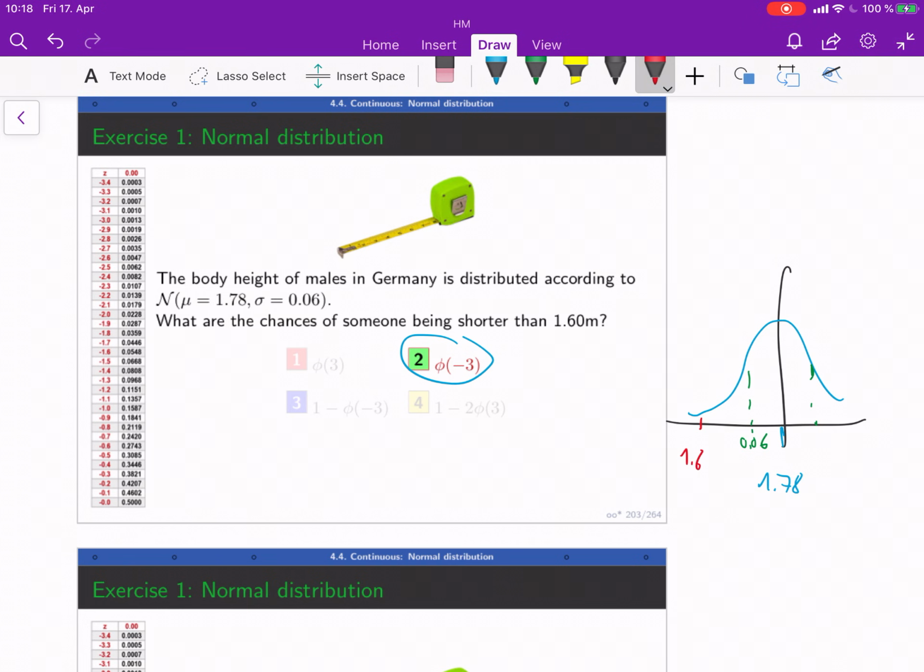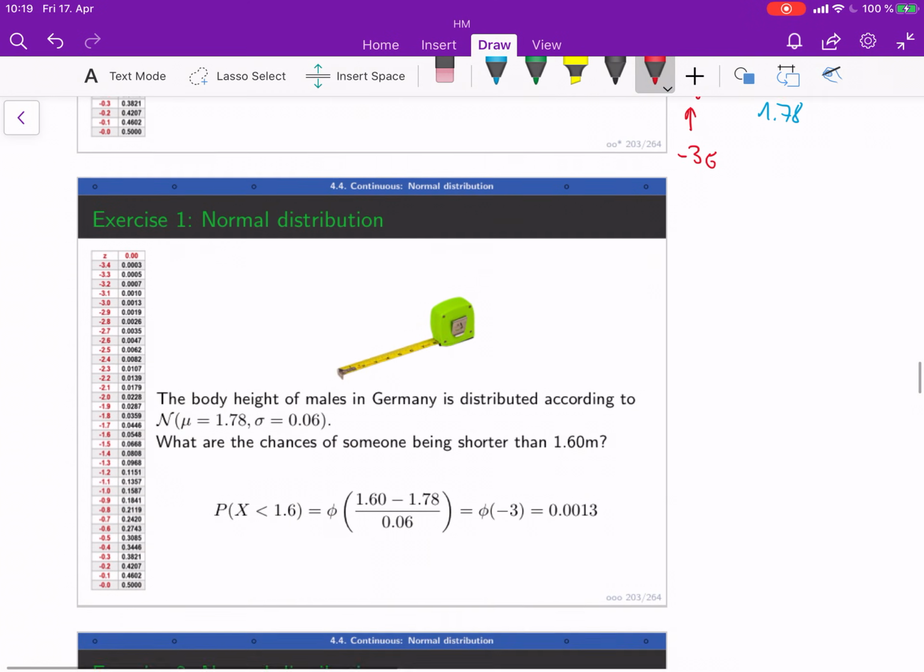The key thing here is that this is 1 sigma, 2 sigma, and this is exactly minus 3 sigmas here. So when we look at the standardized normal distribution, we look at minus 3, which is minus 3 sigma, exactly the point here. And then we get the tail here, the tail to the left, which is shorter than 160. So phi of minus 3.